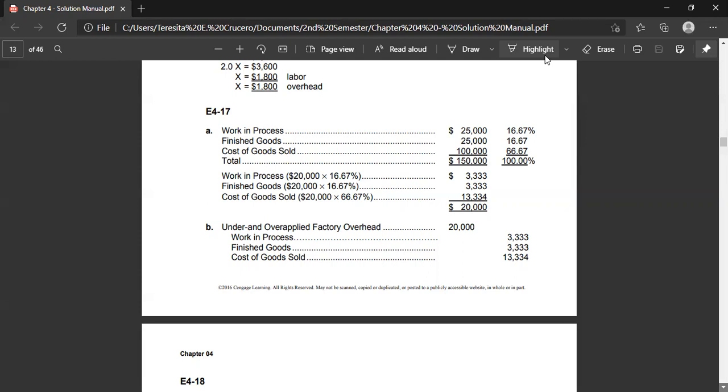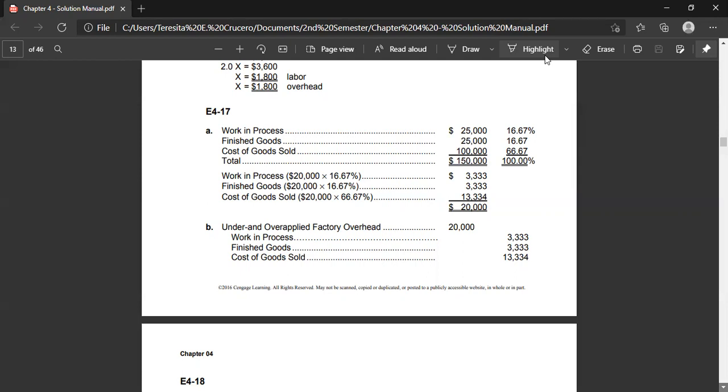So we have now the three accounts: work in process, finished goods, and cost of goods sold. We are allocating the variance to the three accounts on a pro rata basis based on the balances of the three accounts. So we now have these allocated amounts to debit.